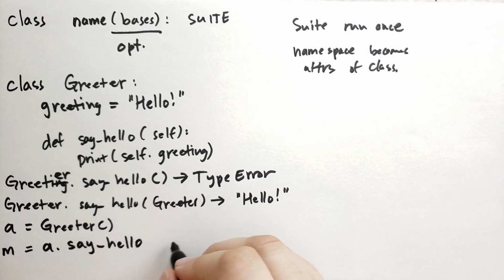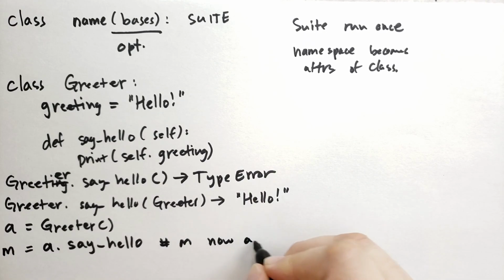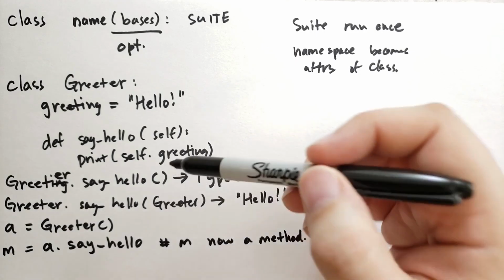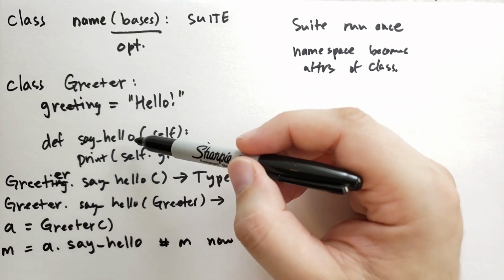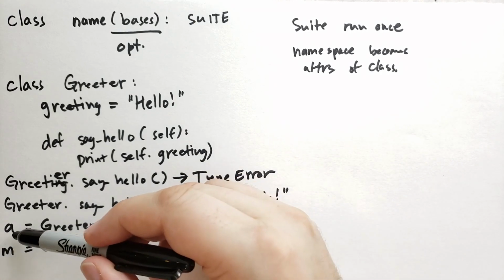And in this case, m is now a method. If you look at the type of m, you'll see that it says this is a method, okay? What a method is, it's basically this function bound to an instance of a class, in this case a.